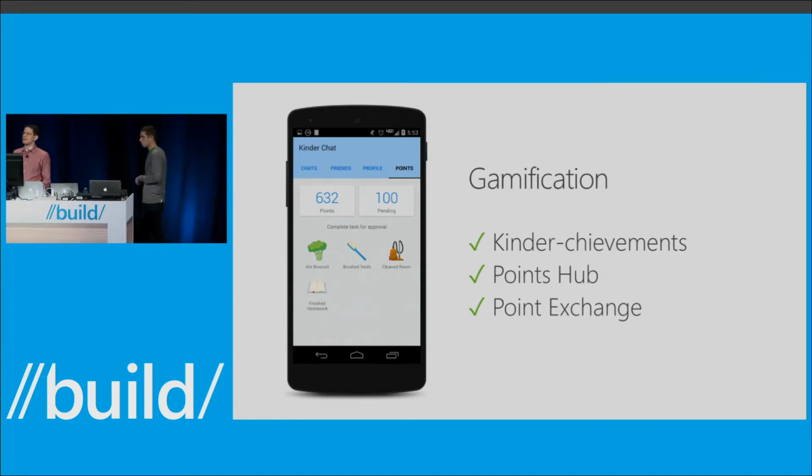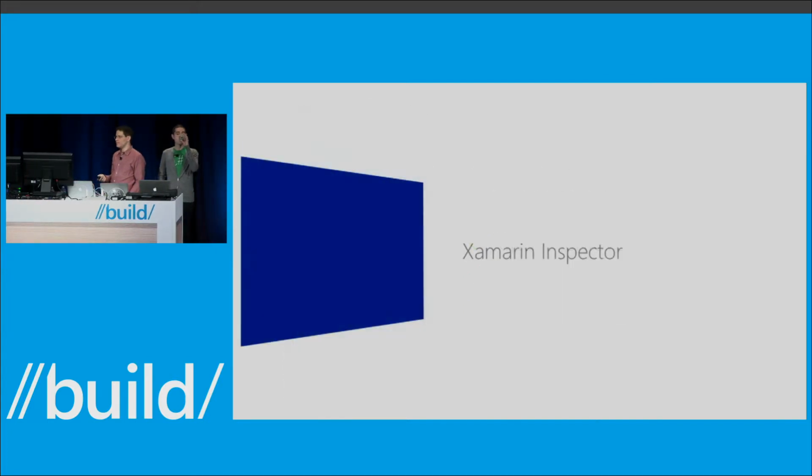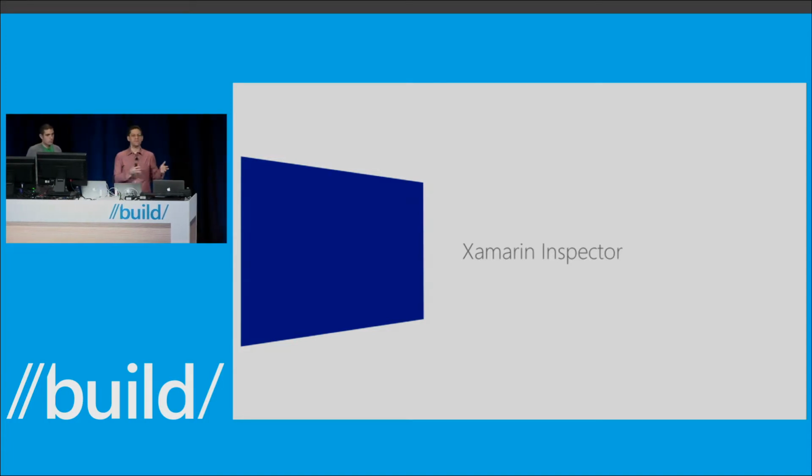So this is where the cycle of build, compile, debug got a little bit annoying. So we gave it a shot with a new component in Xamarin that we're introducing today called Xamarin Inspector. Xamarin Inspector is similar to the Chrome or Firefox or IE tools, where you're able to inspect a live app.